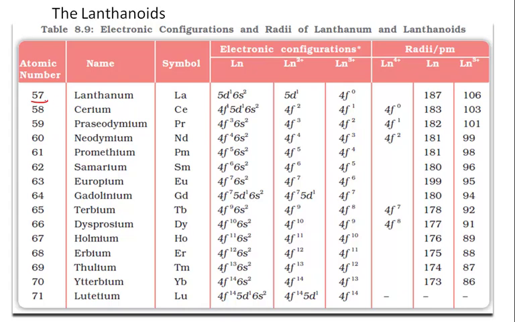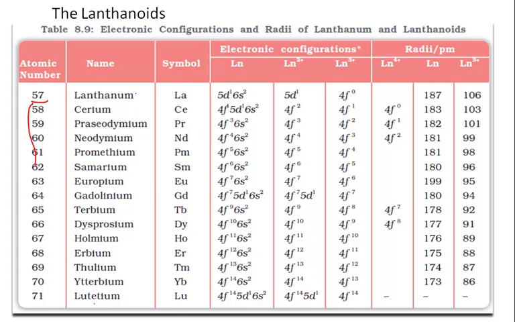There are 15 elements if we include lanthanum, but the gradual filling starts with cerium. So lanthanum with atomic number 57, 58 is cerium, then praseodymium, neodymium, promethium, samarium, europium, gadolinium, terbium, dysprosium, holmium, erbium, thulium, ytterbium, and lutetium. The atomic numbers go from 58 to 71.